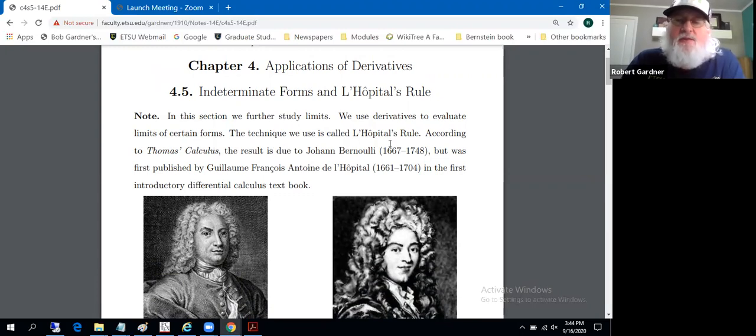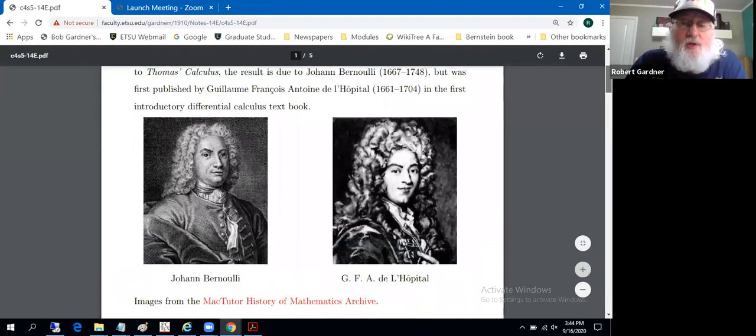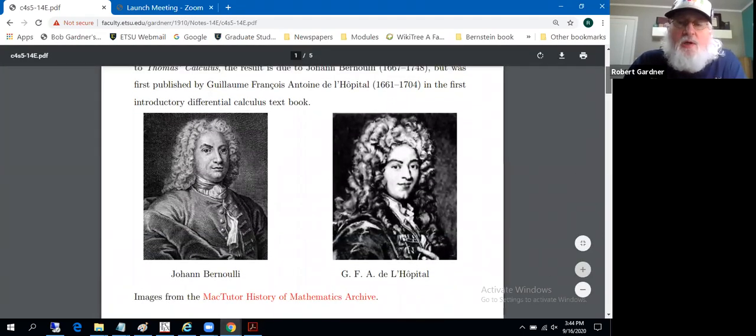This technique is called L'Hopital's rule, and according to our textbook, the result is originally due to Johann Bernoulli, but was first published by Guillaume Francois de L'Hopital in the first Introduction to Differential Calculus textbook. So I guess that's monumental. Here's Bernoulli and L'Hopital.